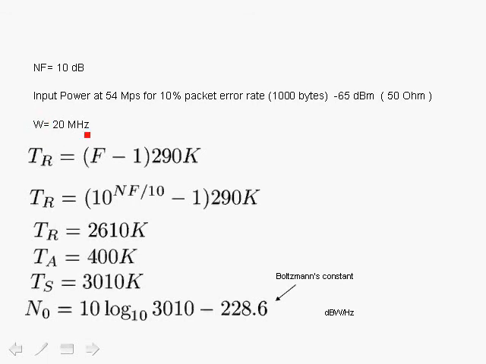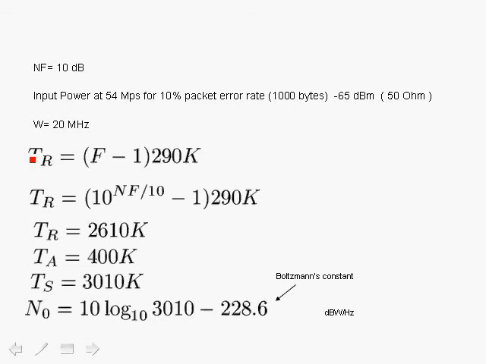We also note that the bandwidth W is equal to 20 megahertz. Now, because of the guard intervals in the frequency domain, the nulls at the upper and lower parts of the spectrum in 802.11a, the actual bandwidth is 16.5 megahertz, for example, and we'll take that into consideration, but for now consider that the bandwidth is equal to 20 megahertz.